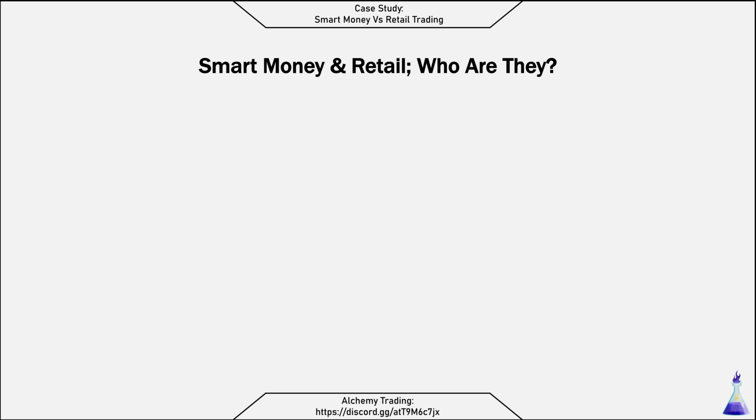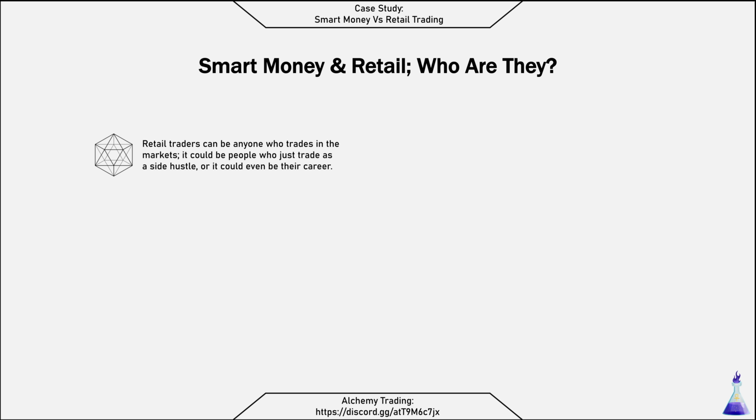To commence the case study, I'm going to first explain in clear terms what the difference is between these two groups of traders. Retail traders can be anyone who trades in the market. It could be people who just trade as a side hustle, or it could be their entire career. The key point of distinction isn't actually based on who they are as much as it's based on how they trade.